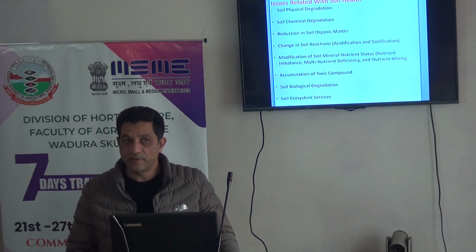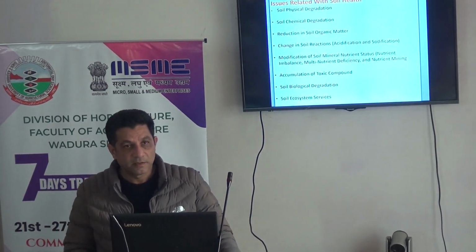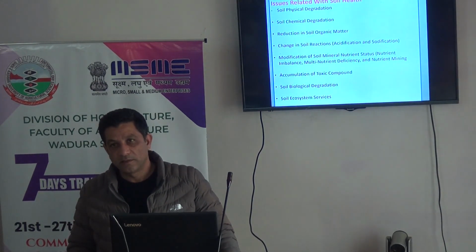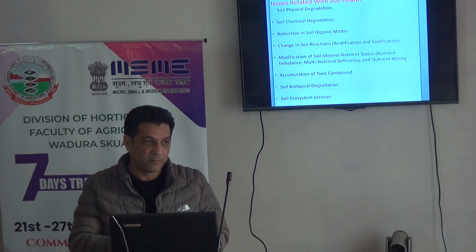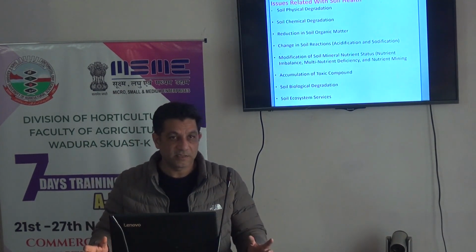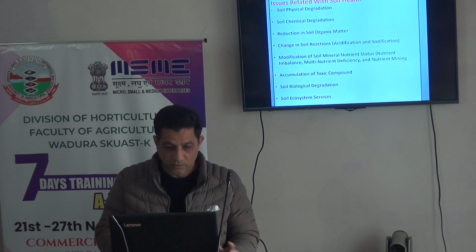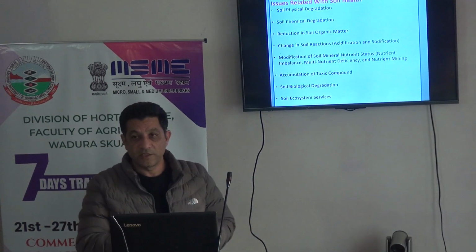Because when we add any fertilizer or organic matter, the decomposition process that occurs in the soil is done by these microorganisms. So if the microorganism population is less, there will be less decomposition of the organic matter. So this is how the physical, chemical and biological properties are related.